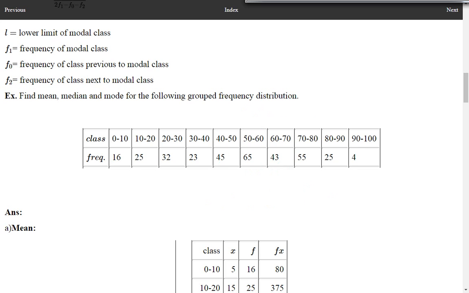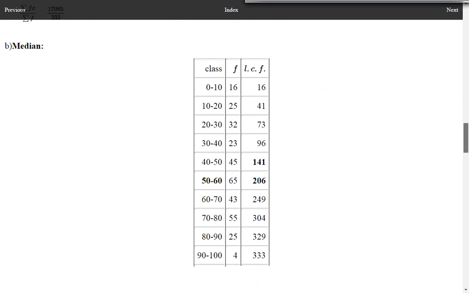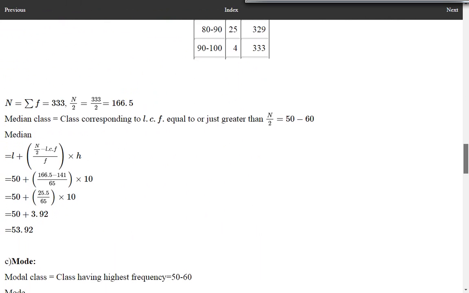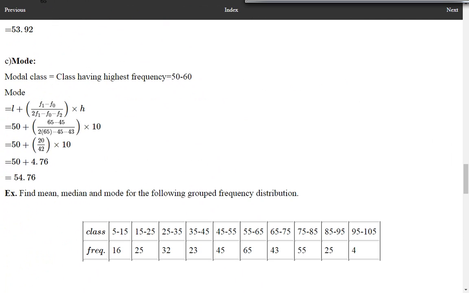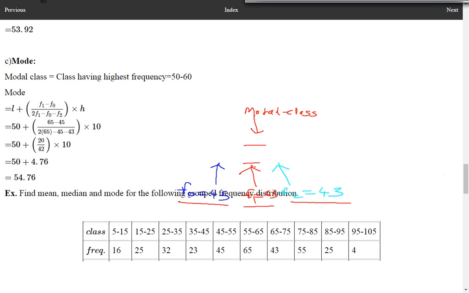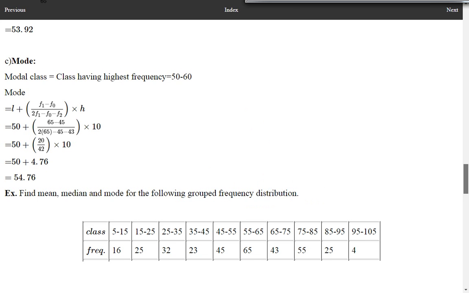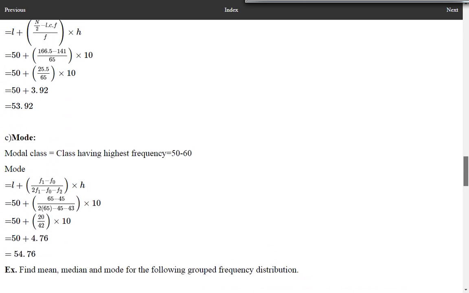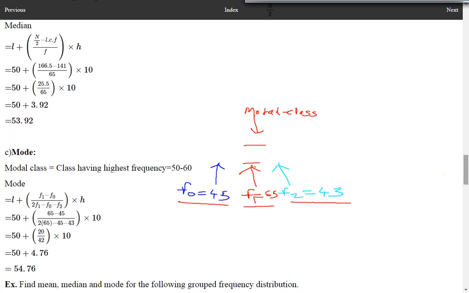So with these values, we can now find the mode by using the formula. Substitute the values of F0, F1 and F2 which we have obtained. The value of F0 is 45, the value of F1 is 65 and the value of F2 is 43.